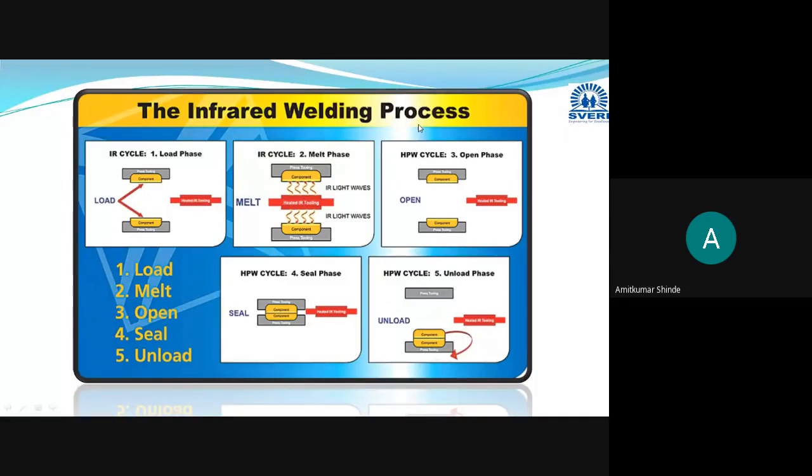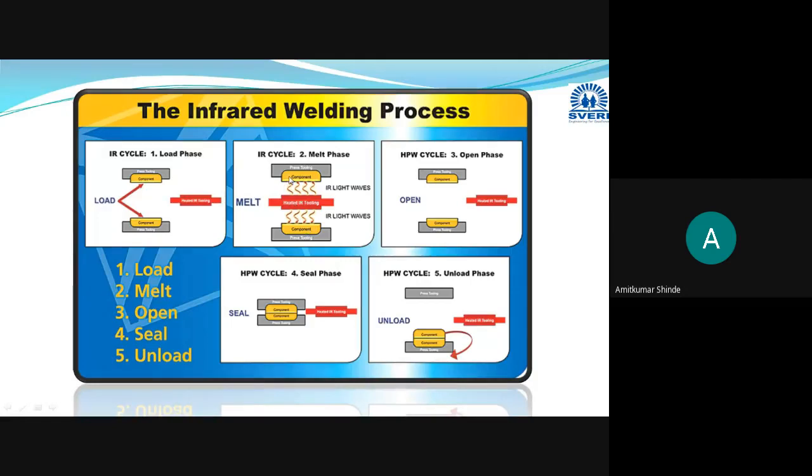Then how is infrared welding performed? These two fixtures are taken; these are the holding fixtures. The plastic parts which we want to join are held in these holding fixtures. They provide support and proper alignment. Then the infrared light source is placed in between these holding fixtures containing the plastic material.